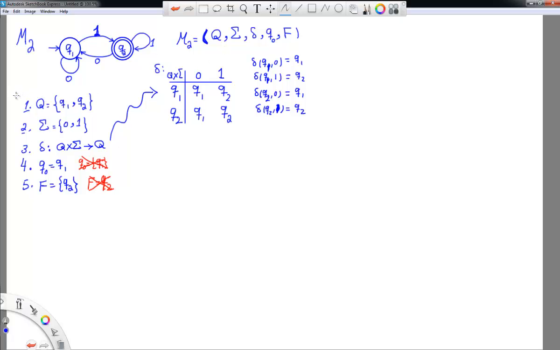So this whole list is the formal definition, and the state diagram is basically an informal notation that helps us see the automata.